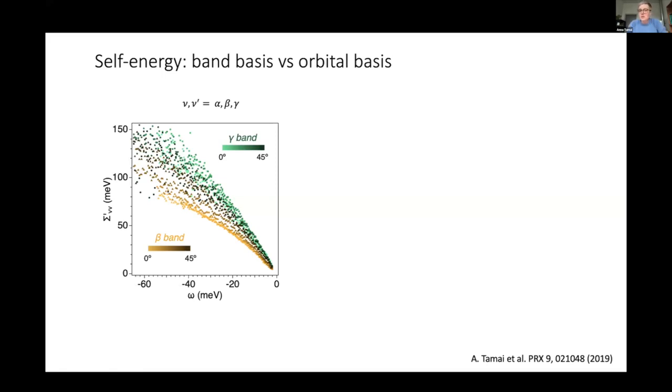However, you should consider that a consequence of spin-orbit coupling is to produce a strong orbital mixing along the Fermi surface.